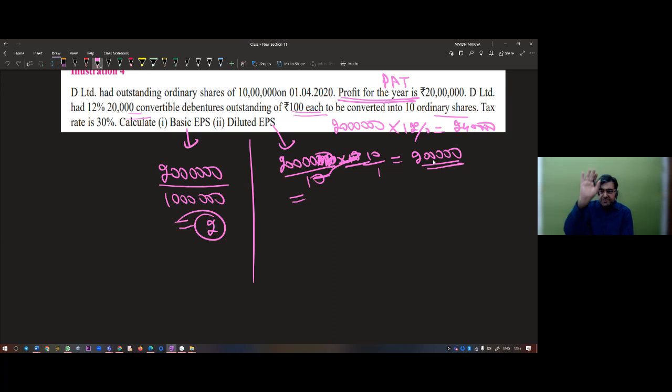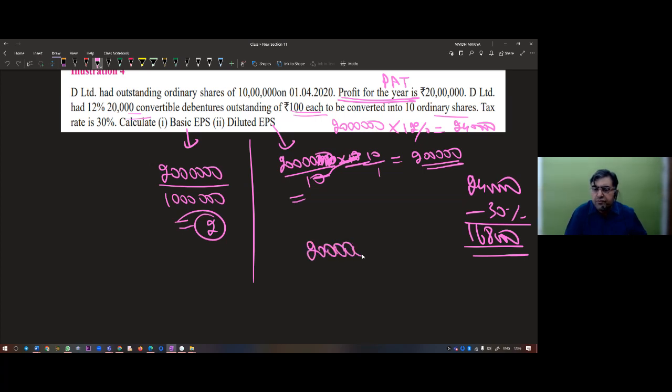I will explain. If you do not pay debenture interest, your net profit after tax will increase by 2,40,000 minus 30% slab. So the net profit will not be 20 lakhs. Now the net profit will be plus 168, that will be 21 lakh 68,000.